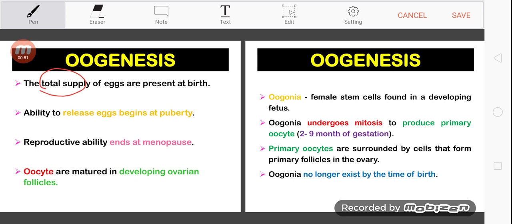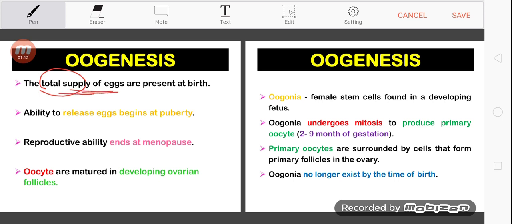The germ cells, the stem cells for the gametes, are present from the baby until aging. The spermatogonia are always present. That's why the male can produce sperm throughout their lifetime. But for female, we have a finite number.